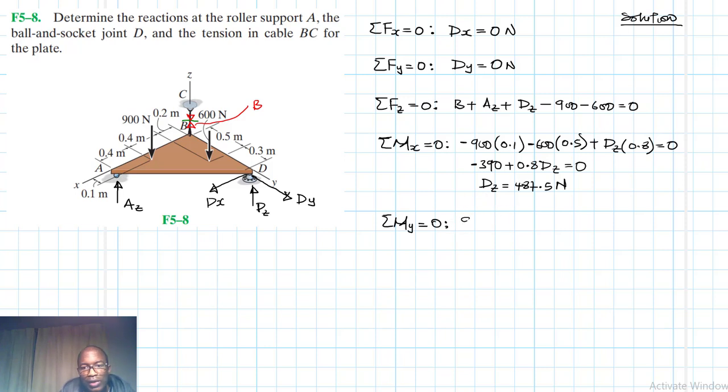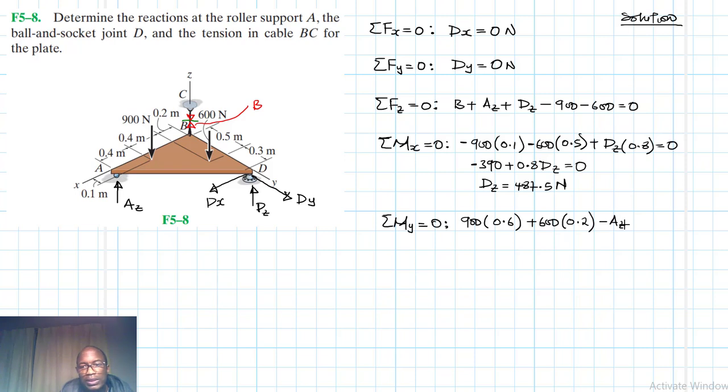So we are going to have 900 times the lever arm, 0.4 plus 0.2, which is 0.6, and then plus 600, with a lever arm of 0.2. Then AZ will cause a negative moment about the y-axis.